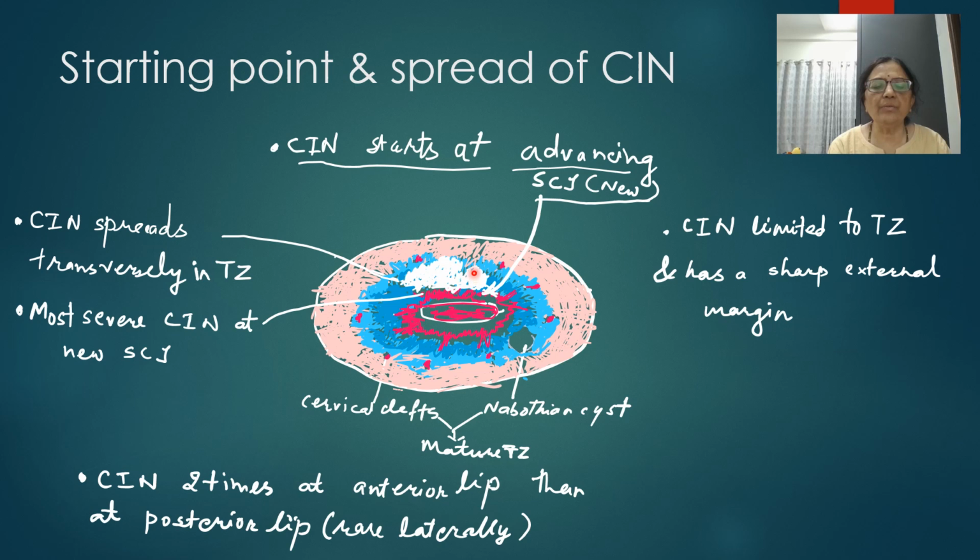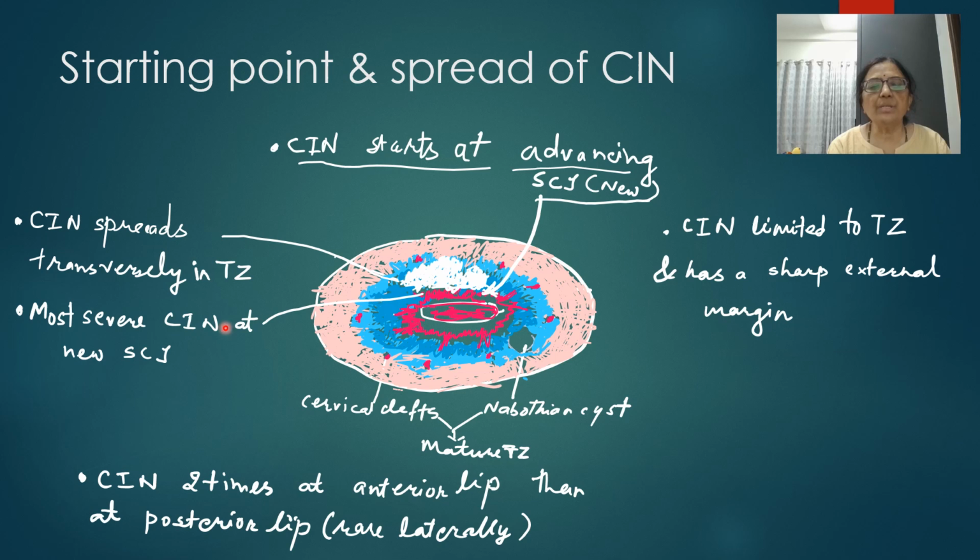The abnormal lesion, CIN, usually remains limited to the transformation zone, where metaplastic cells are more prone to the changes that lead to cervical intraepithelial neoplasia, and if left untreated will progress to invasive cancer. The most severe CIN is always at the new or advancing squamocolumnar junction, which is nearer the external os.